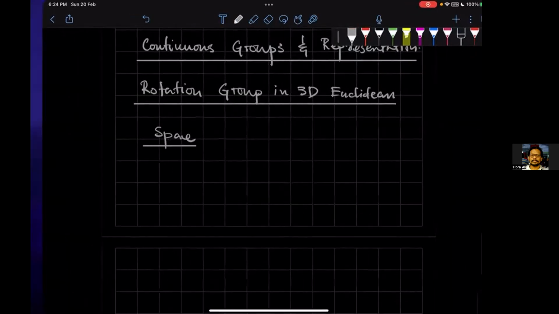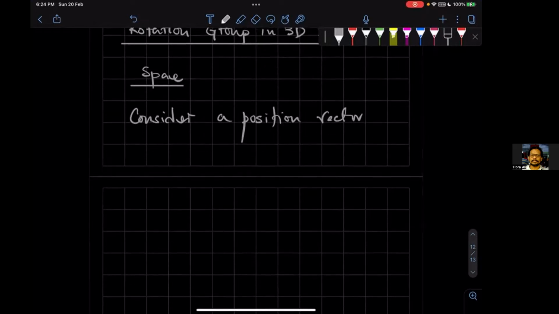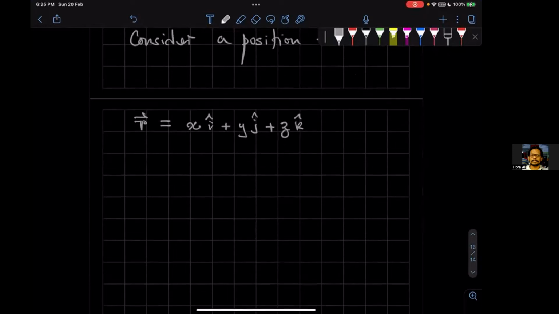So, consider a position vector, say R. R can be written as xi, yj, zk. So we have some reference frame like this.